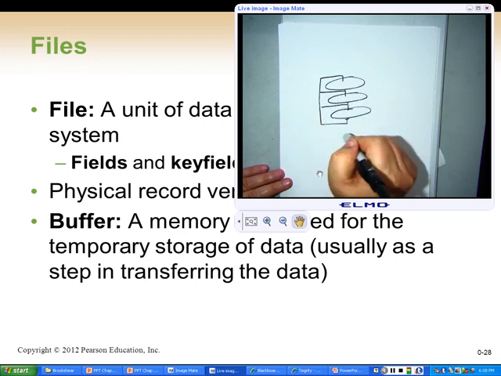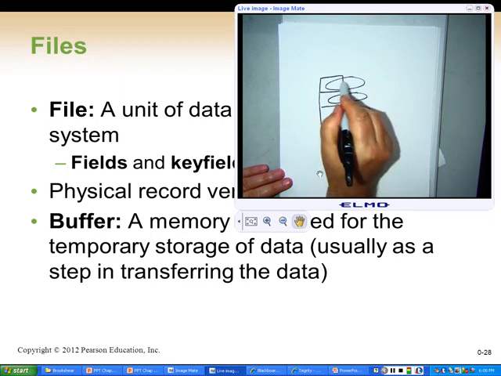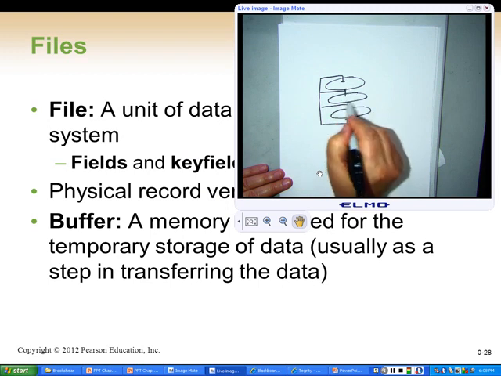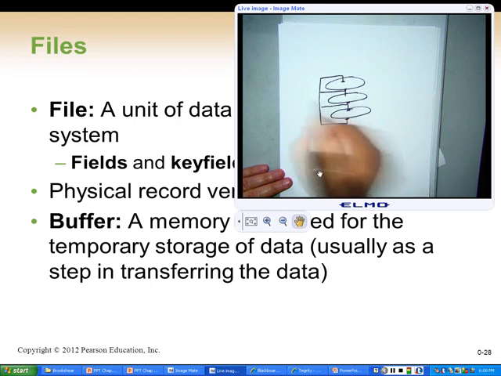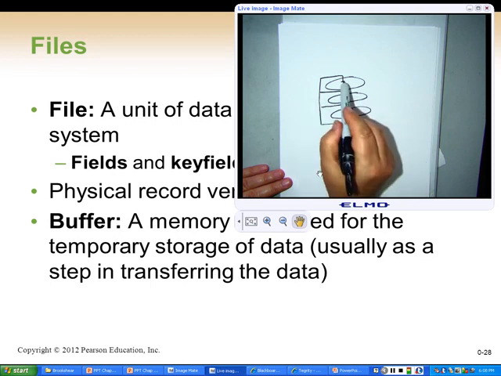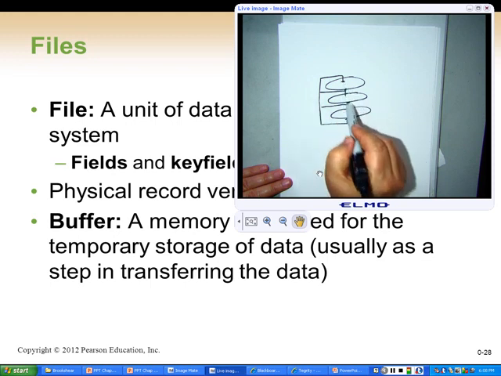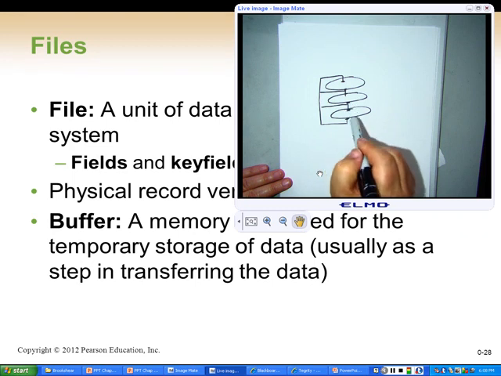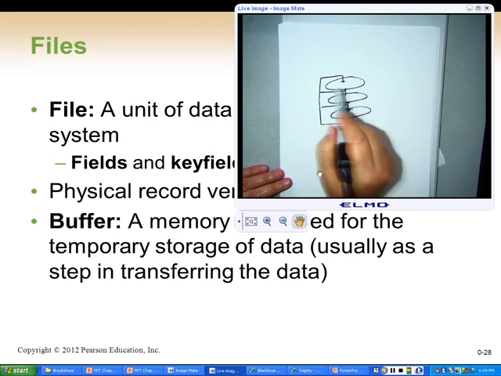I'm going to break it down. I'm going to write on top of this, on the bottom of this, top of this one, bottom of this, top of this one, bottom of this. So instead of moving the arm too many times, I'm just going to be writing in 1, 2, 3, 4, 5, 6 places at the same time. And when I want to read, I do the same thing. I'm going to go with the file name, which is going to point me to a location that I can read in multiple places.